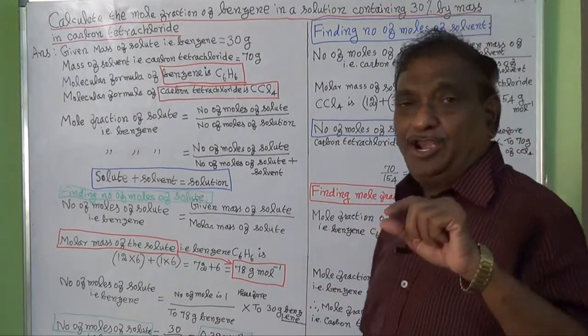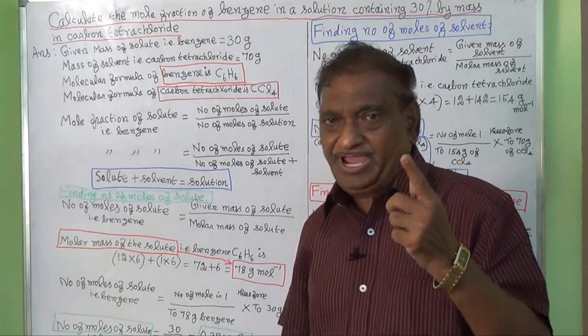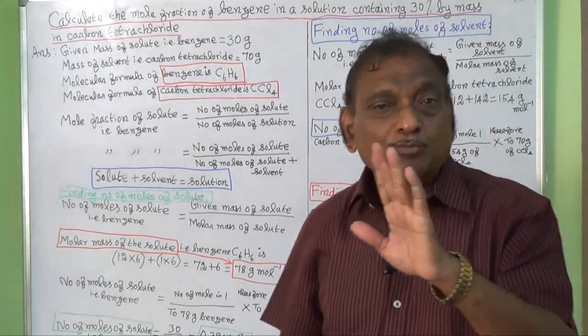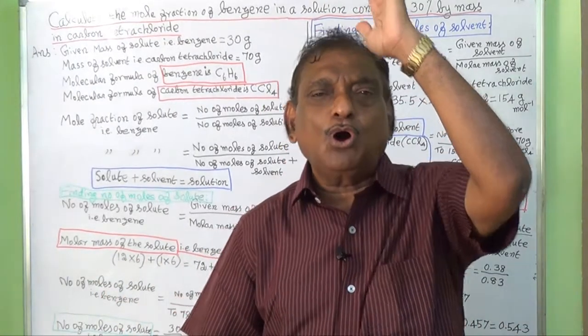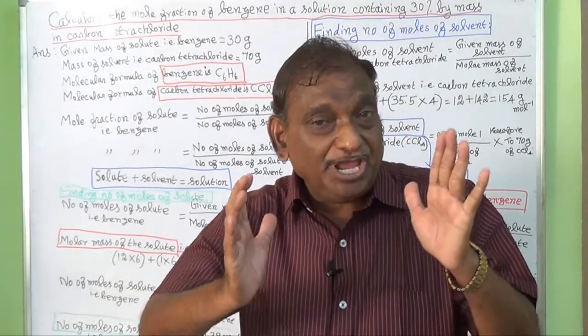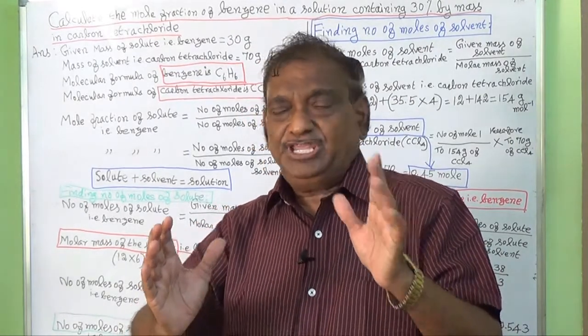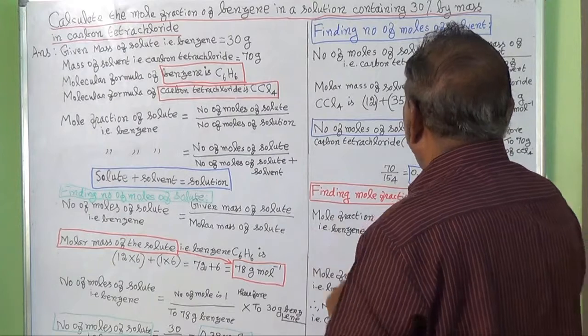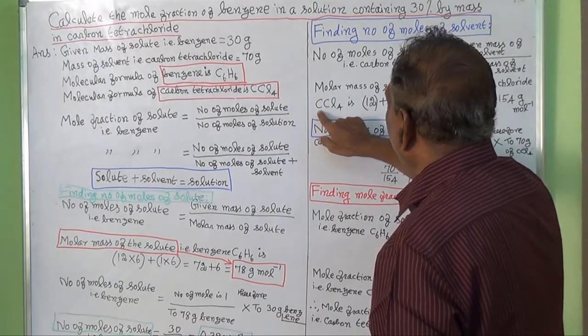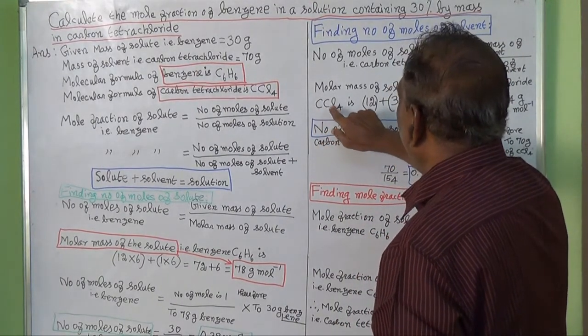As we already told, we can find the molar mass by adding the atomic mass of all atoms present in a molecule. In this molecule, carbon tetrachloride, there is only one carbon atom and 4 chlorine atoms.